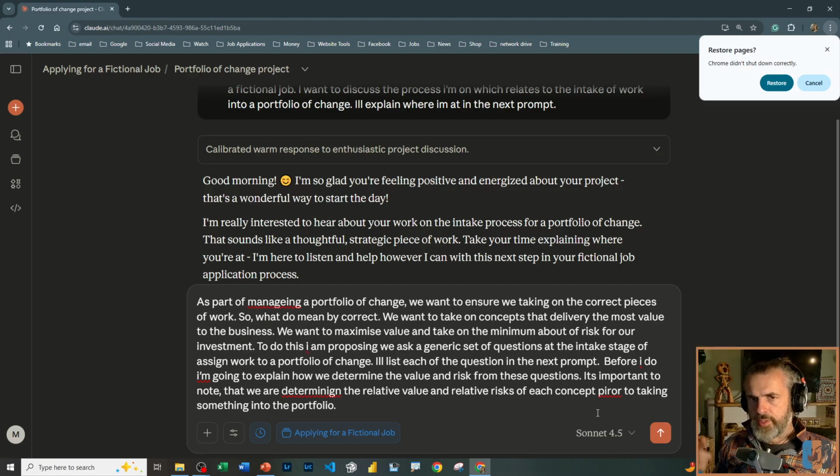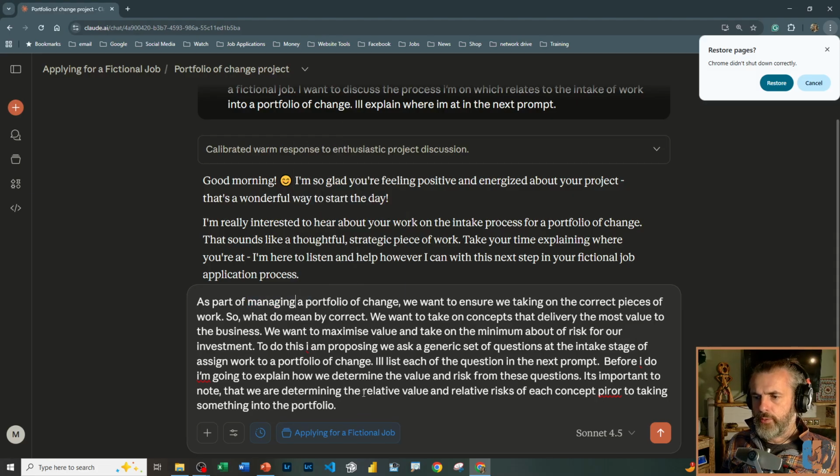I might be repeating myself in these sentences, but I'm doing it on purpose to make sure that the large language model really understands what we're trying to do. Now, that might be overkill, but I'm doing it on purpose anyway, just to hammer home the points.